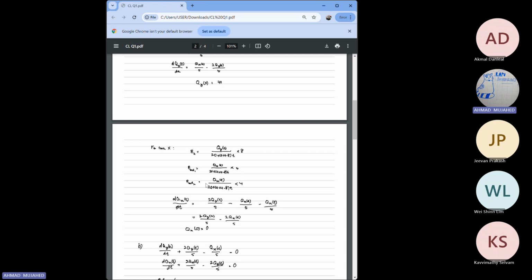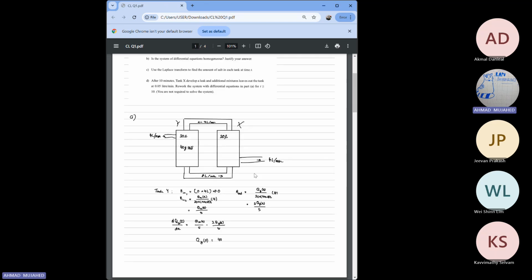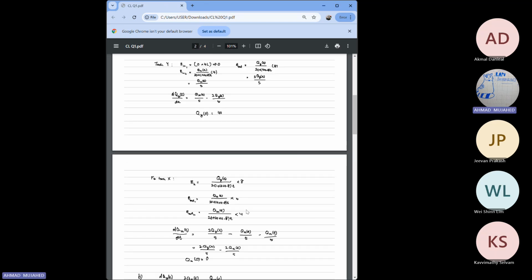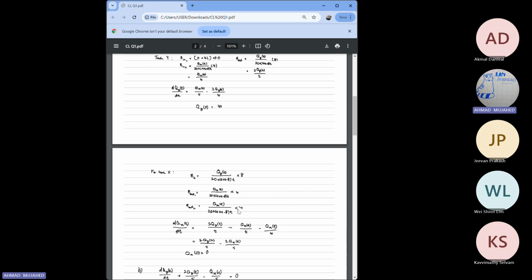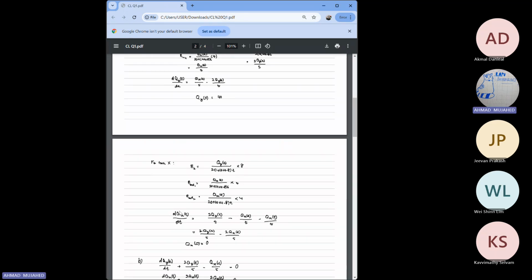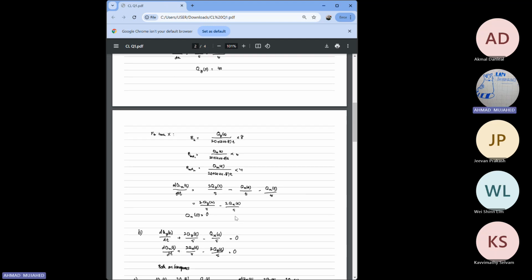And for the flow out, it is Qx(t) divided by 20t plus 4 minus 8t times 4. Now we put into the differential equation, and then we get this. Qx(0) equals 0.